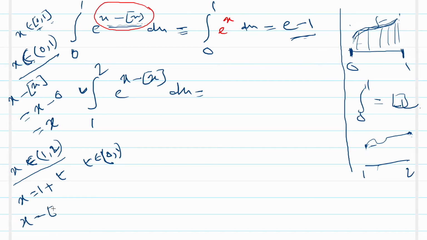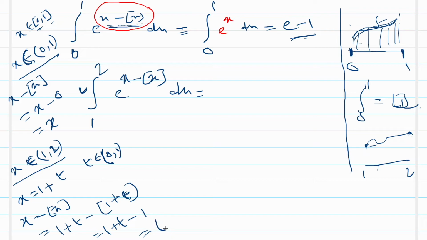So x minus box x, if we want to calculate, then x is 1 plus t, but box x is box of 1 plus t when t is in between 0 and 1, but there is no integer between 0 and 1, right? So this becomes 1 plus t minus, what is box of 1 plus t then? If t is a fraction, box of 1 plus t is the greatest integer, which is 1. Sorry, it is 1 plus t minus 1.